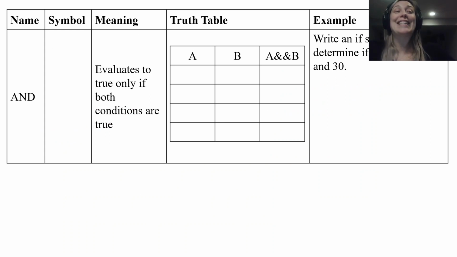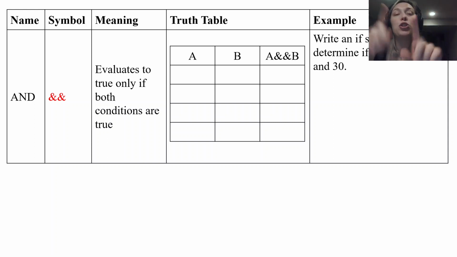The first one is the AND Boolean operator. The symbol is the double ampersand. Okay, so two ampersands right next to each other. And what it means is that it evaluates to true if both conditions on either side of that symbol are true. Okay, so here's our first introduction to a truth table. If you've seen them before, you love them. If you haven't seen them before, this is a basic example of a truth table setup.